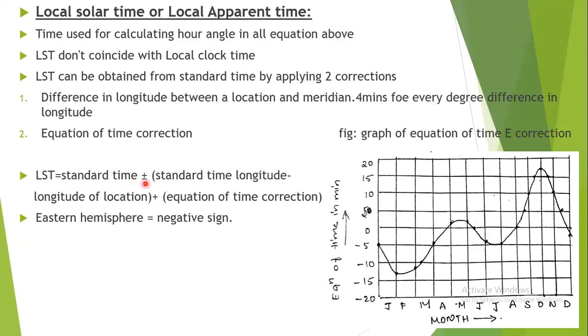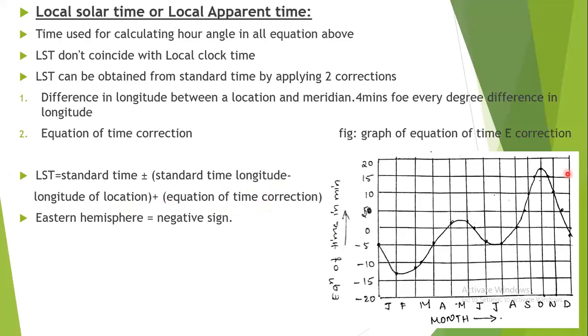Standard time plus or minus: the negative sign is applicable for the eastern hemisphere, and for the western hemisphere we take positive. So LST equals standard time plus or minus (standard time longitude minus longitude of location) plus equation of time correction.